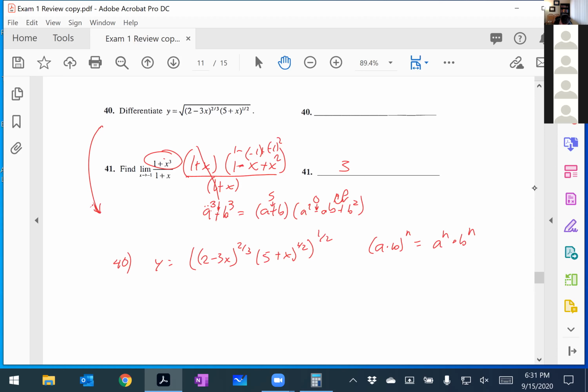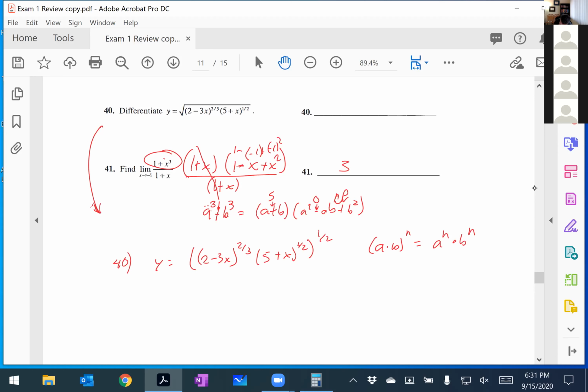And keep in mind, I haven't done any calculus yet. I'm just doing algebra and simplifying this first. So this is 1/3, and this is times 5 plus x to the 1/4.